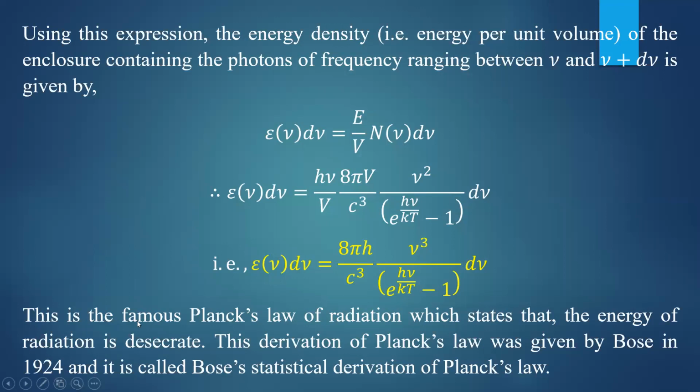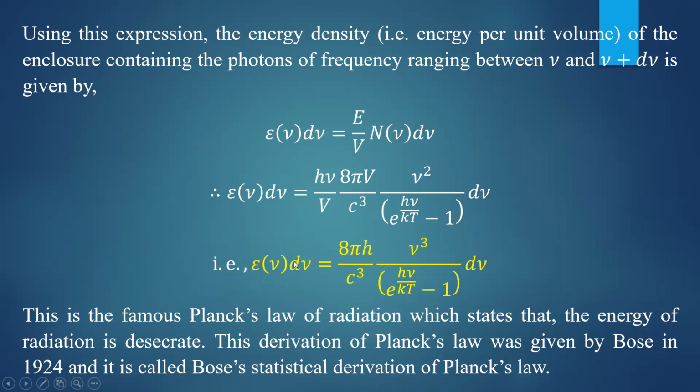So this is the famous Planck's law of radiation, which states that the energy of radiation is discrete. This derivation of Planck's law was given by Bose in 1924, and it is called Bose's statistical derivation of Planck's law.